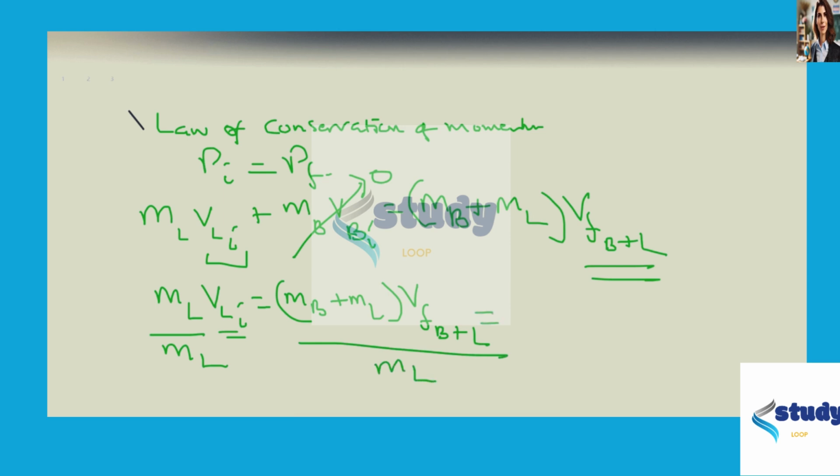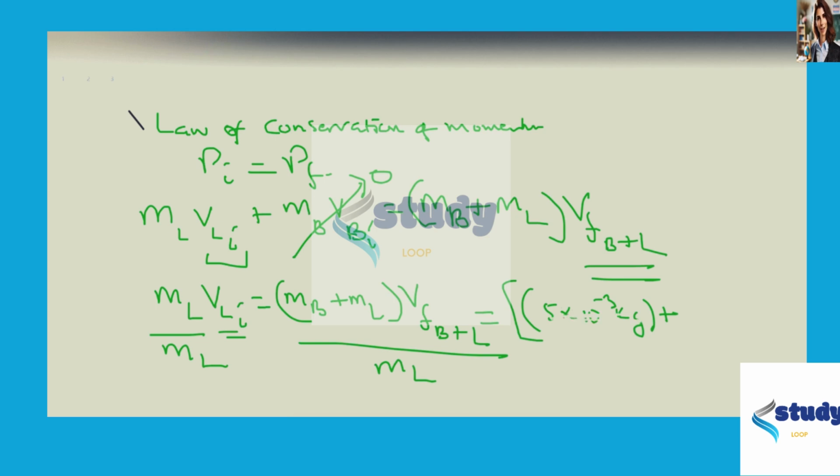And now we can comfortably plug in numbers. We have the mass of the bullet, which we could write in scientific notation because of the way the numbers are. So we have 5 times 10 to the negative 3 kilograms. That's the mass of the bullet, plus the mass of the block, which is 1.2 kilograms.